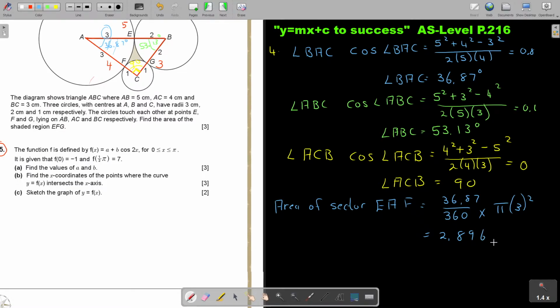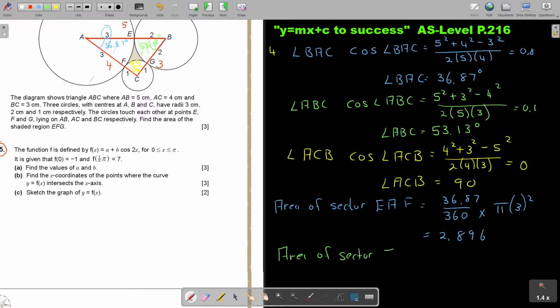896, four significant figures. And then I do exactly, it's a lot of repeating, area of sector, and now it's going to be EAF. Okay, let's just go there. EBG, that one.